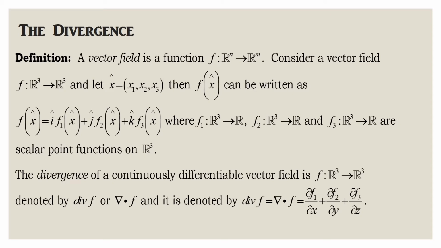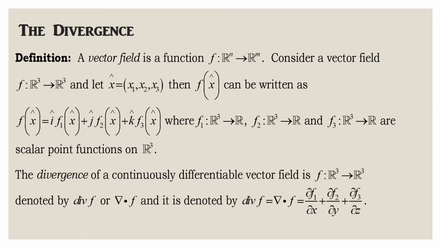So it can be written as f of x cap equals f1 of x cap i cap plus f2 of x cap j cap plus f3 of x cap k cap. It can also be represented as a triplet f1 of x cap, f2 of x cap, f3 of x cap in the 3D space R^3.